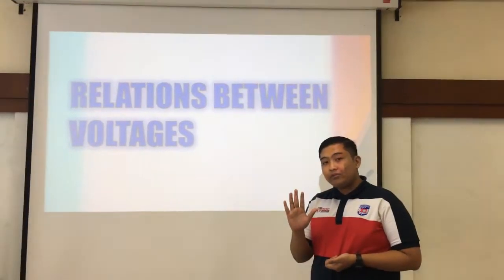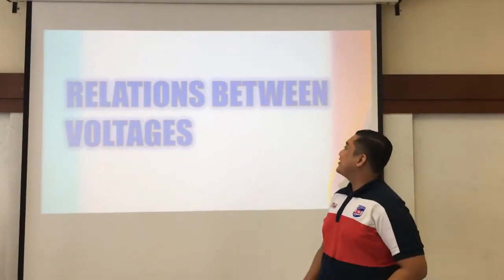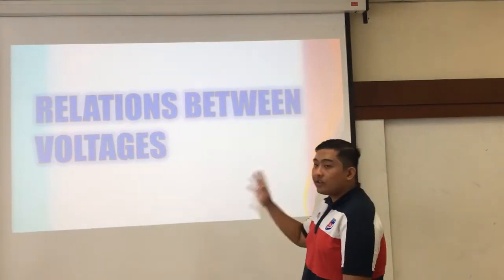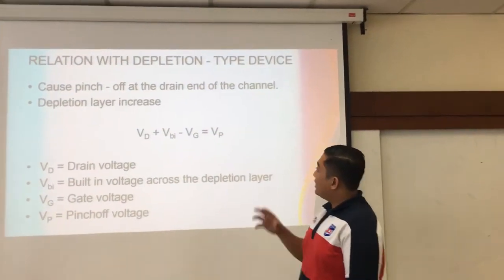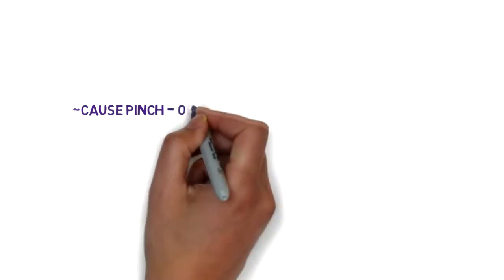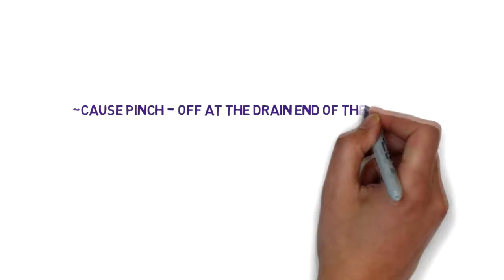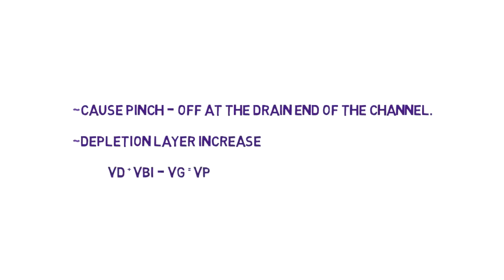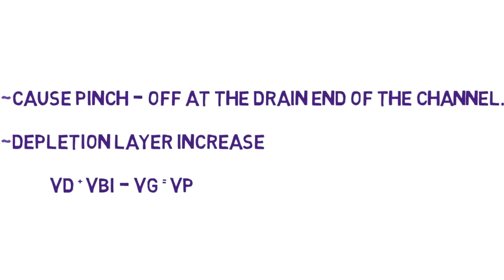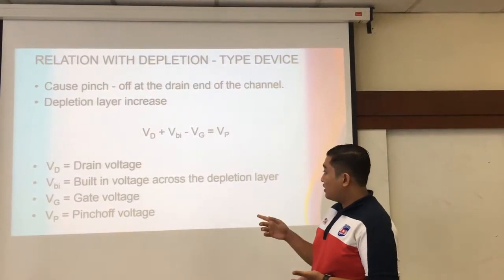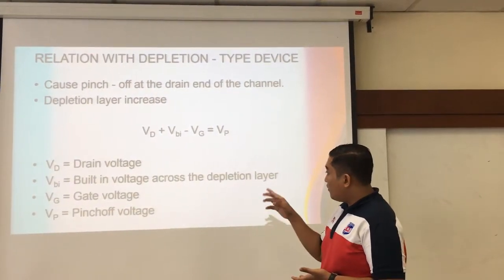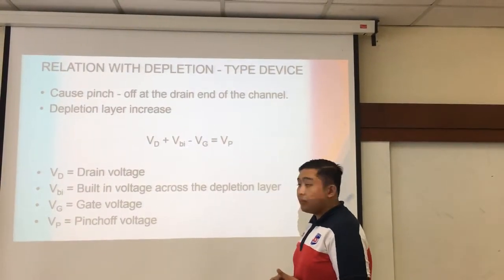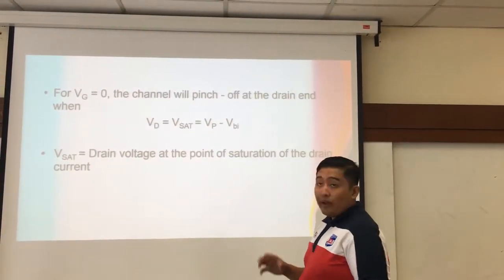Today I'm going to explain more about the relationship between the voltages. When pinch-off occurs at the drain end of the channel, the depletion layer will increase. Using the formula Vd + Vbi - Vg = Vp, where Vd is the drain voltage, Vbi is the built-in voltage across the depletion layer, Vg is the gate voltage, and Vp is the pinch-off voltage.